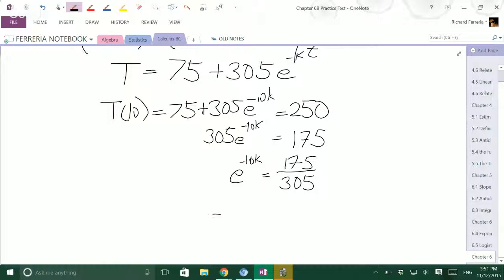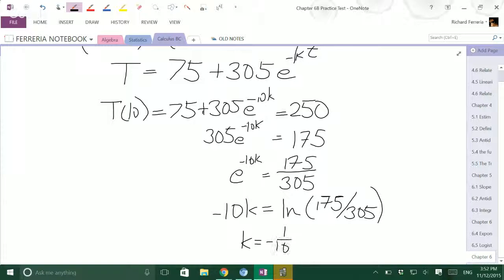Negative 10k equals the natural log of 175 over 305. And then finally, k equals negative 1/10 natural log of 175 over 305.